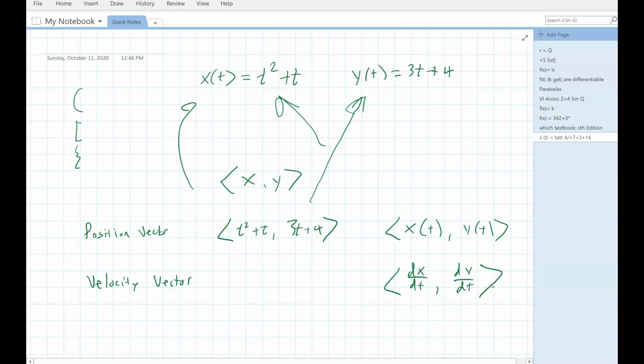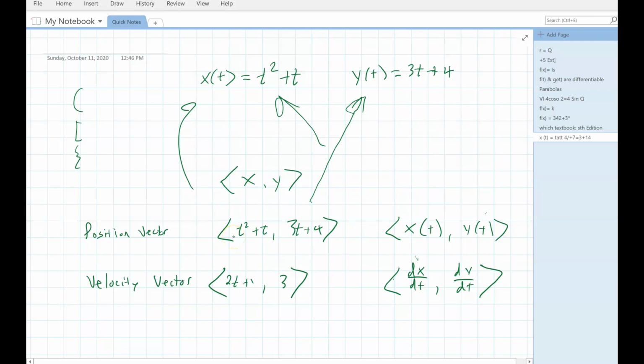So this tells us the horizontal position and the vertical position of whatever it is that's moving, and this would refer to the horizontal velocity and the vertical velocity of this point that's moving. So this right here would be the velocity vector of this specific one.